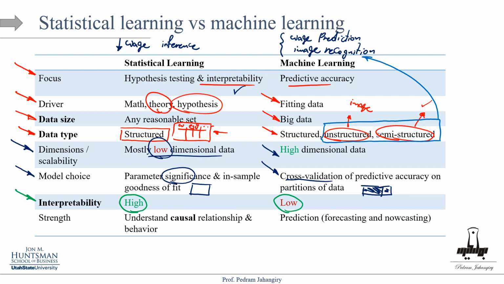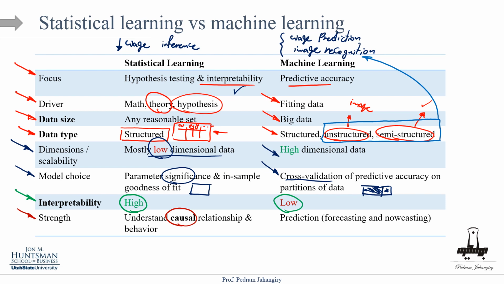And then finally, let's look at the strength of each of these models. For the statistical learning model, the model hopefully understands the causal relationship and behavior. And I say hopefully because, you know, correlation does not necessarily mean causation. So we have to make a bunch of assumptions. And if all those assumptions are valid, then we can think of it as causality versus correlation.